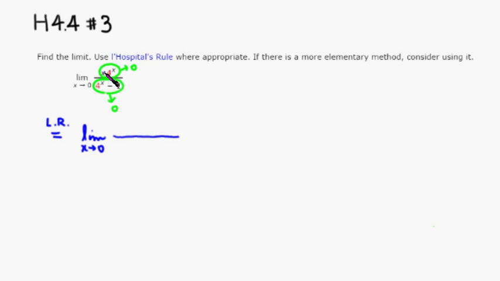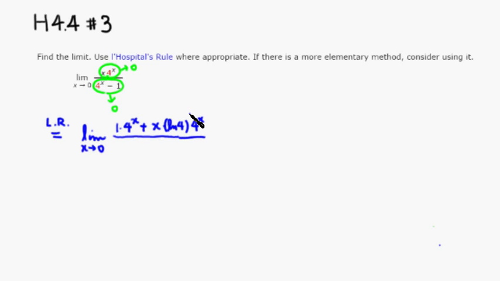Derivative of the first guy is 1 times the second, so you have 1 times 4 to the x, plus the first guy, x, times the derivative of 4 to the x, which is natural log of 4 times 4 to the x.